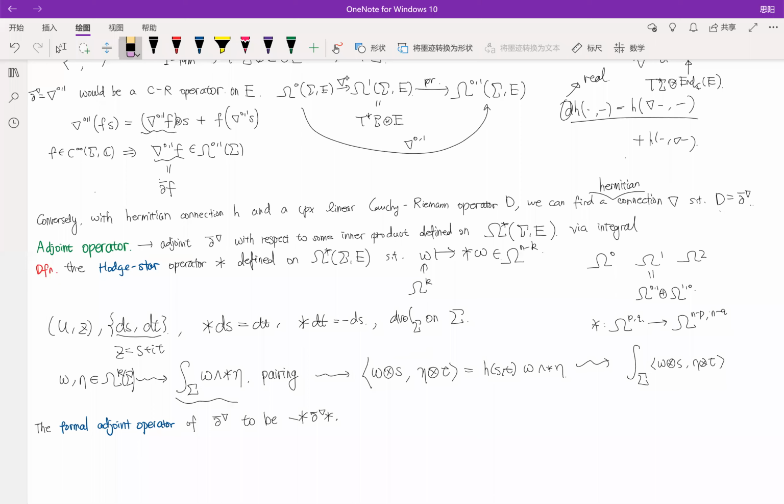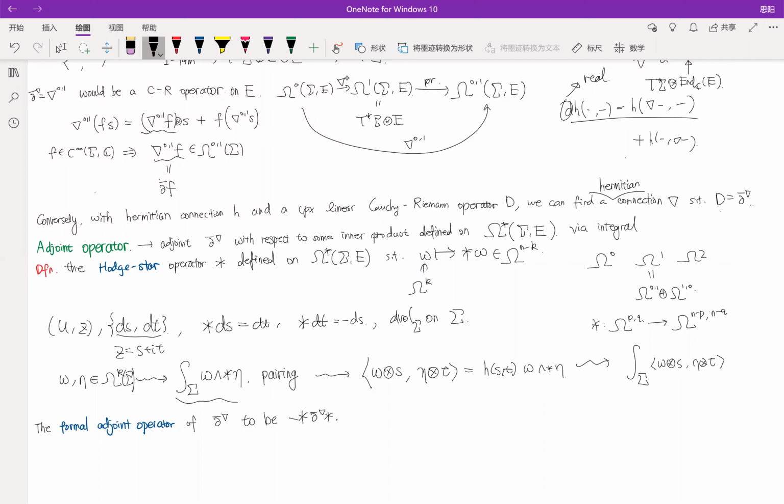So there are some problems here. I think we should associate another Hermitian structure on sigma.